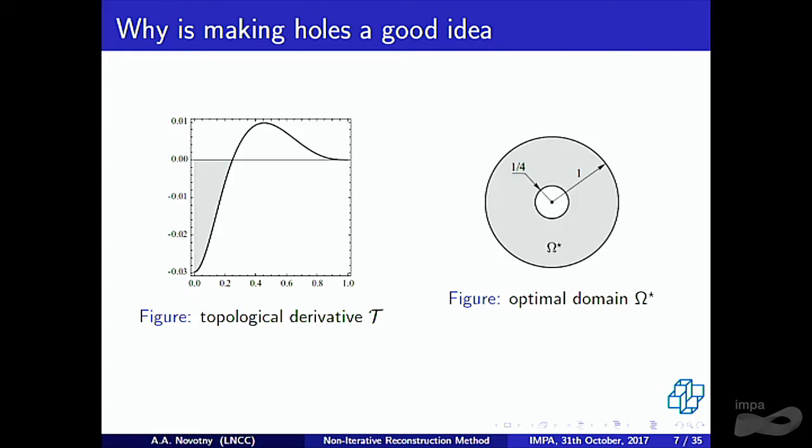So it allows us to change the topology, and in this simple example, we can prove that this is the global optimum. Okay? So this is the motivation why we are looking for this topological derivative.